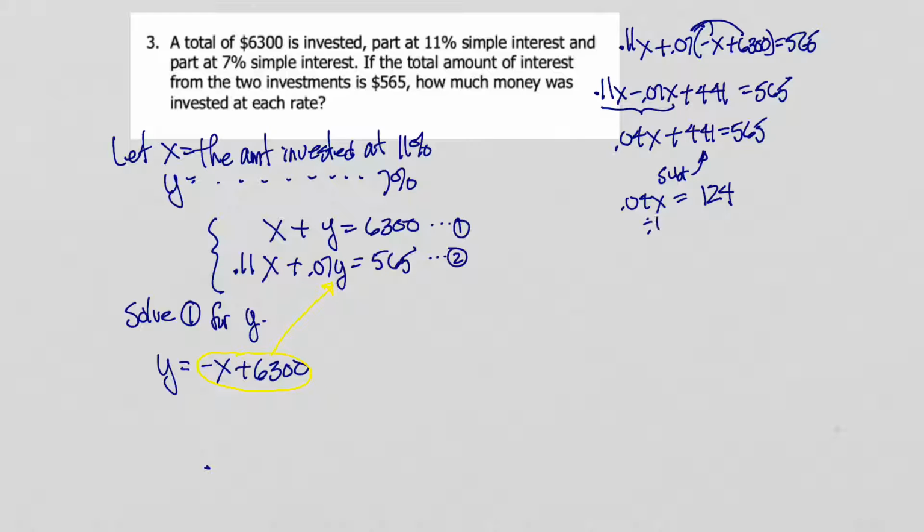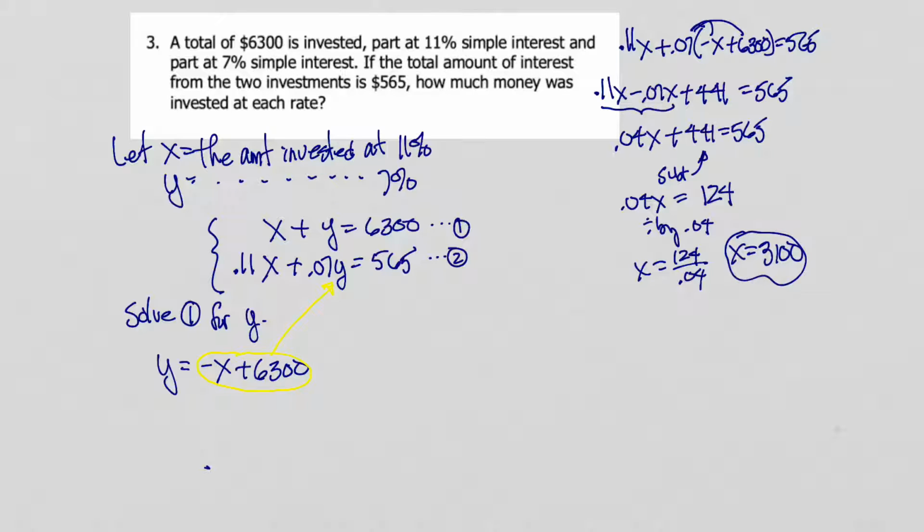And if we divide by 0.04, we'll get x equals, all right, I'm doing this, 124 divided by 0.04, I got x equal to 3,100. There's x. So I've got x, but what was x? Follow it all the way back. x is the amount that we invest at 11%. I still need the amount at 7%. Okay, now that's right down here, right? That's why we circled it, so I don't lose it.